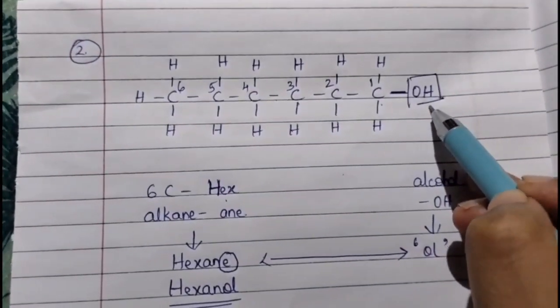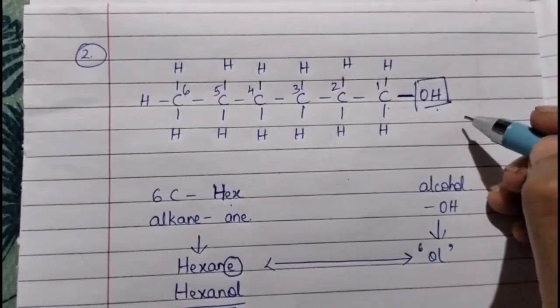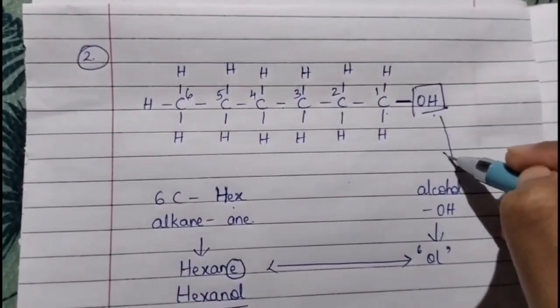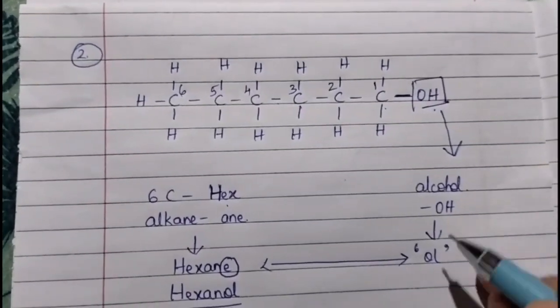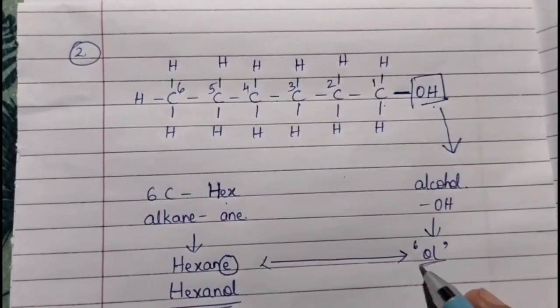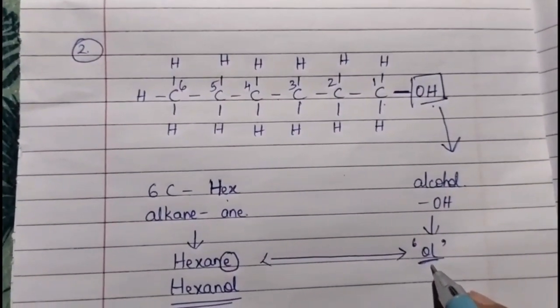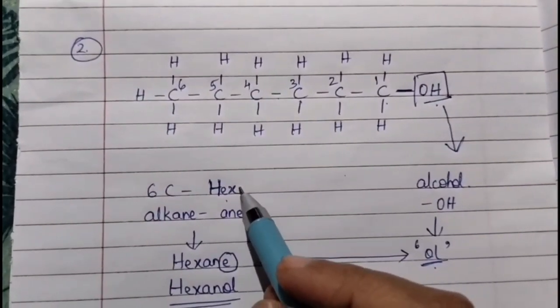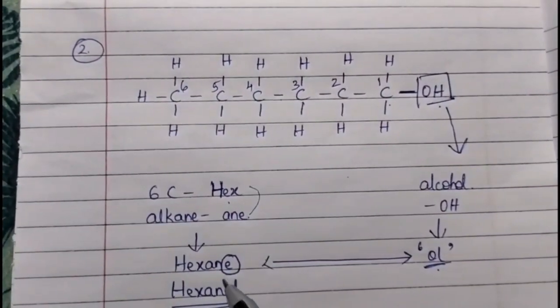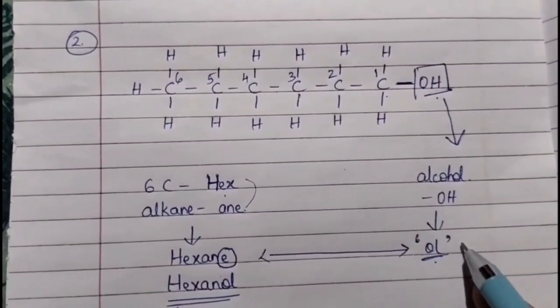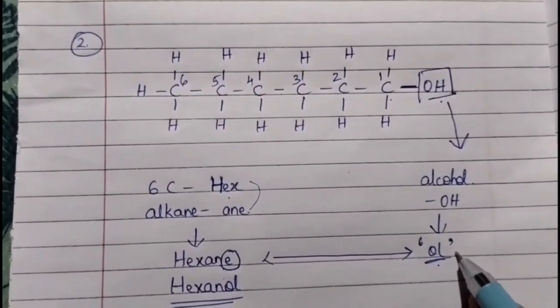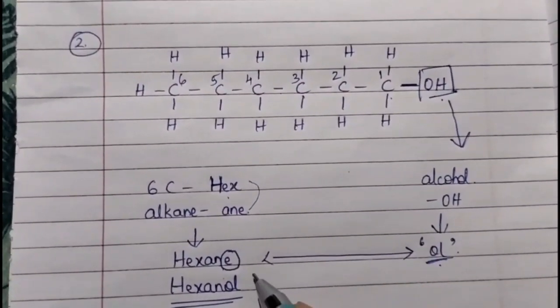Since there is an OH functional group, it indicates that the given compound is an alcohol. So the suffix used in the case of alcohol is OL. Now here when you combine the prefix and suffix, you get hexane, but since there is an OH functional group, you need to combine this suffix with hexane.